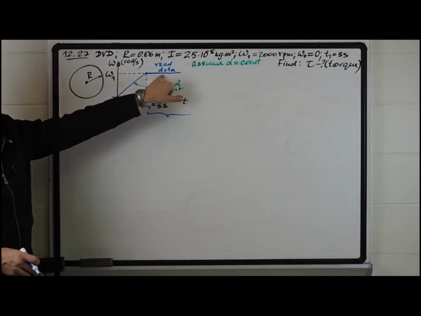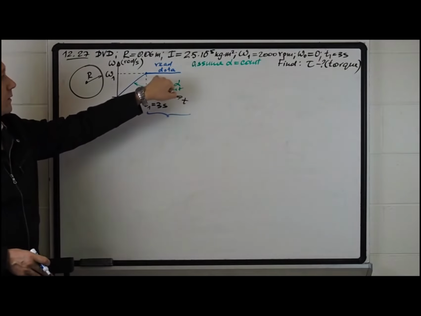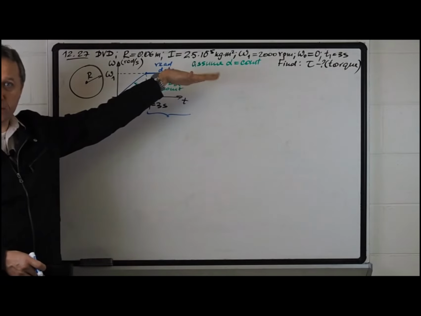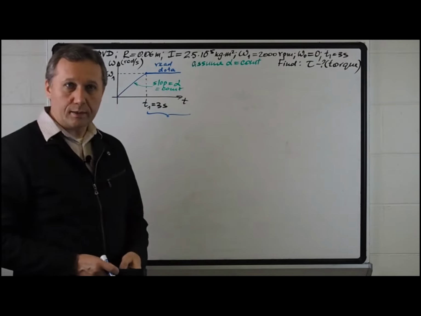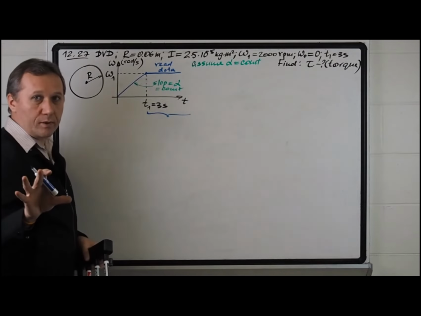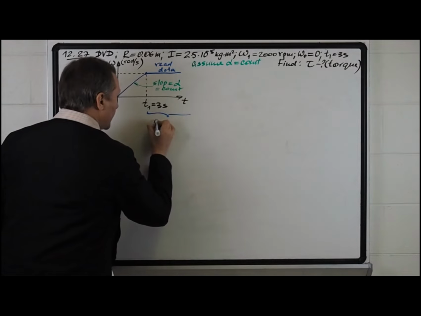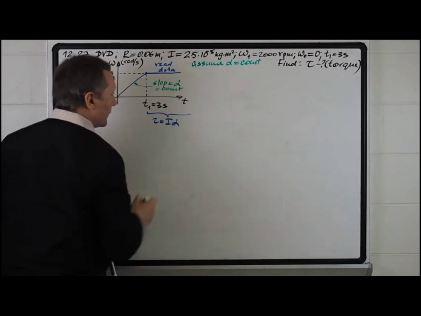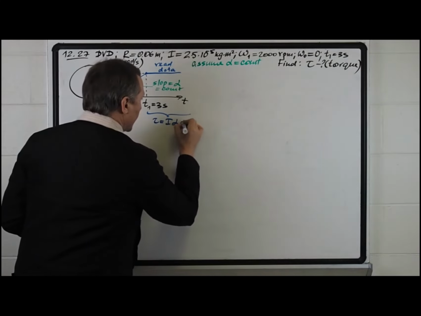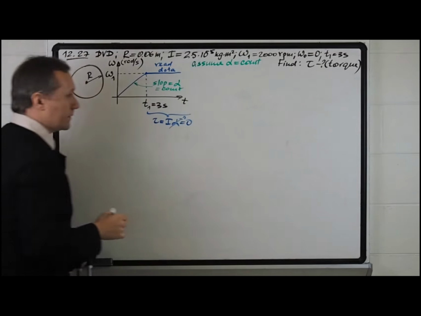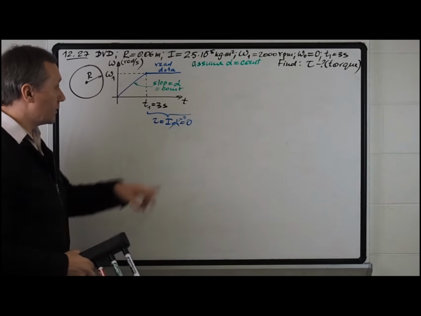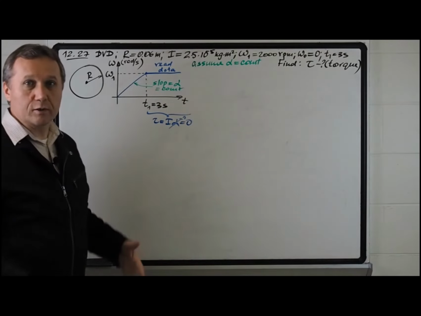Since now the angular acceleration alpha is 0, you see, omega is constant, it means angular acceleration is 0. So if angular acceleration is 0, remember rotational Newton's second law, tau equals I alpha. If alpha is 0, torque is 0, right? So here torque is 0. That's not what we want to find.